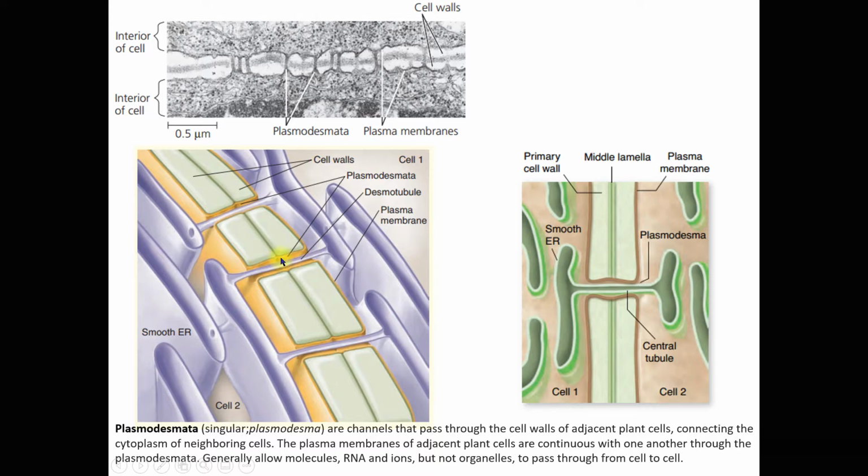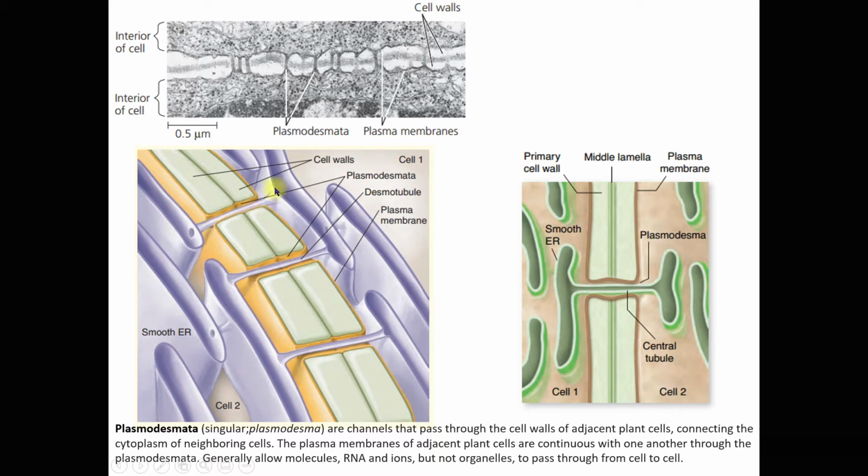So, generally this plasmodesma allows molecules, RNA and ions to pass through from cell to cell. But this plasmodesma does not allow organelles to pass through. It's too big for the organelles to squeeze in here. Boleh ya, kelas? Fahami structure plasmodesma ini.